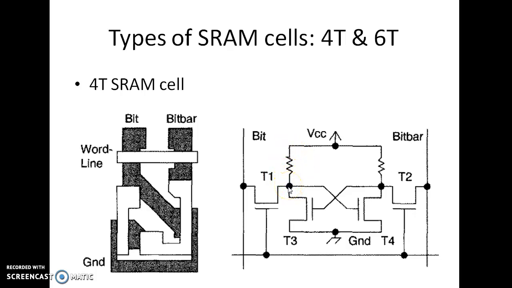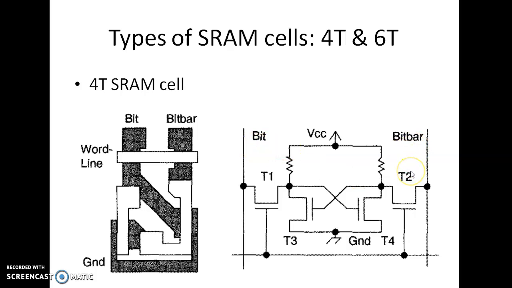So these two outputs are complements of each other, and we transmit these bits to the actual lines using these pass transistors, T1 and T2. That's why it is indicated as bit and bit bar. That means if it is 0, this would be 1, and if it is 1, this would be 0.